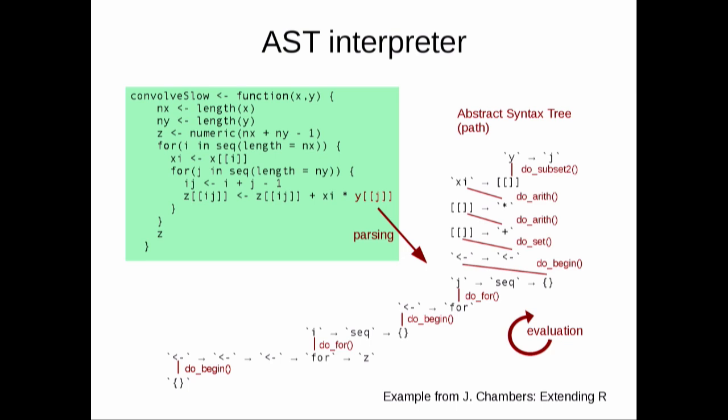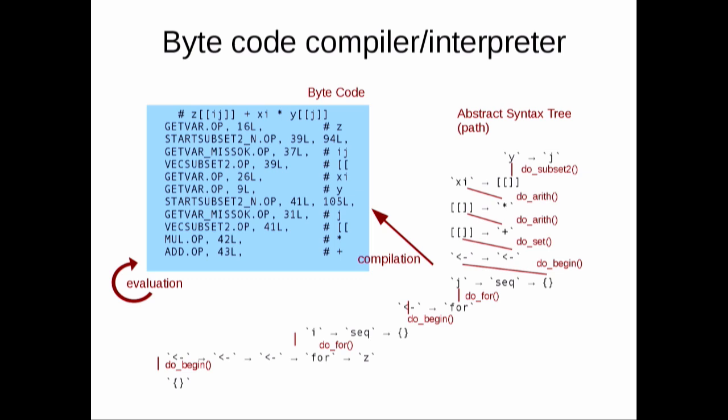That's the AST interpreter, and now the bytecode compiler and bytecode interpreter. So we have again the same parse tree, so you can still see the same path through the program, but we first compile this parse tree into bytecode using the bytecode compiler, and you can see part of the bytecode in the blue window.